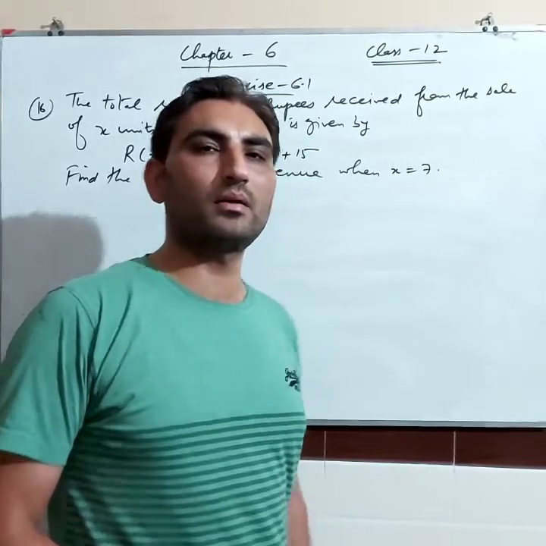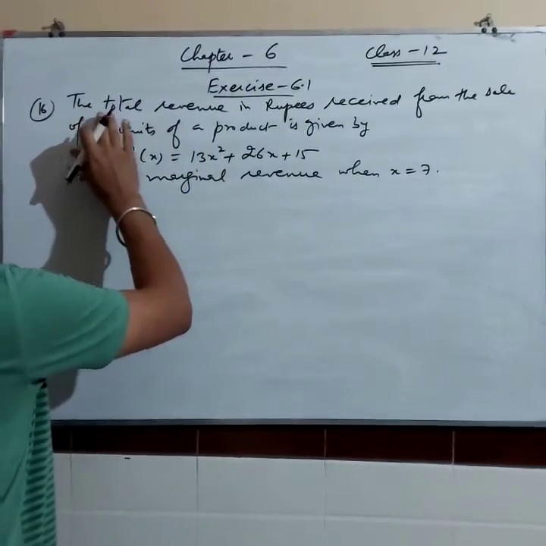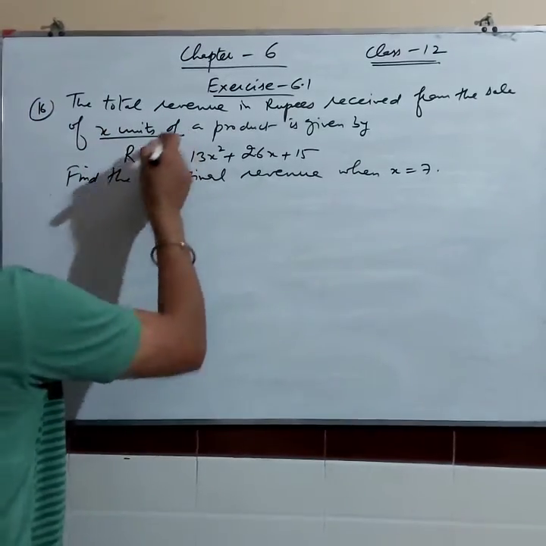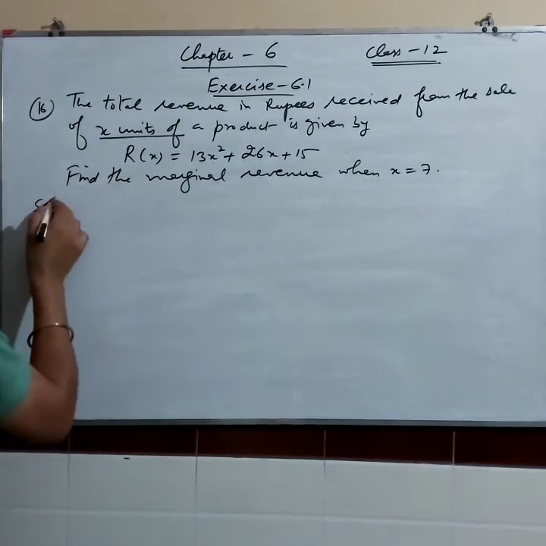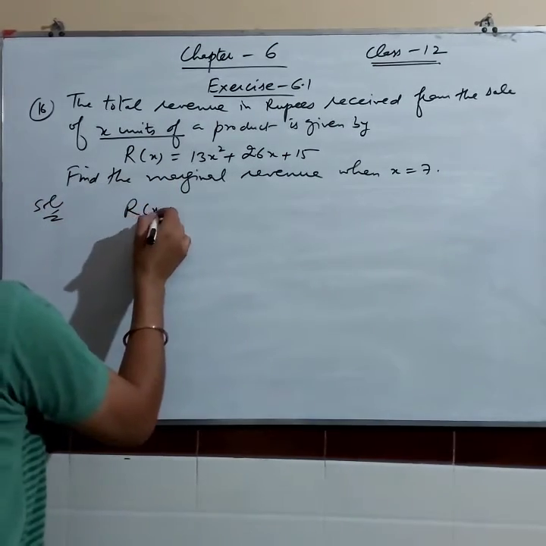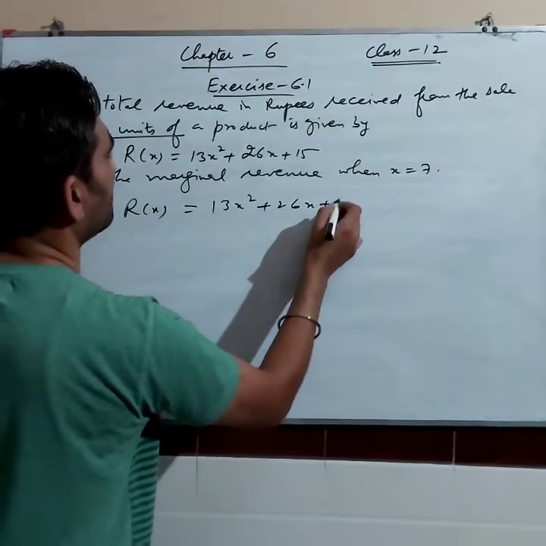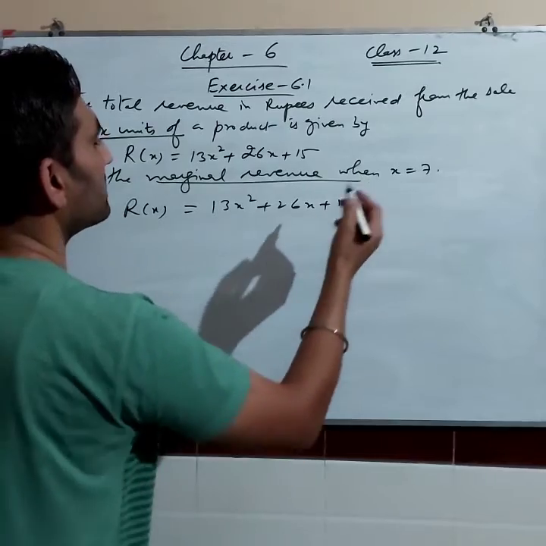Students, question number 16 is another question similar to question number 15. The total revenue in rupees received from the sale of x units of a product is given by this. We write R, a function of x, 13x square plus 26x plus 15. Find the marginal revenue when x is equal to 7.